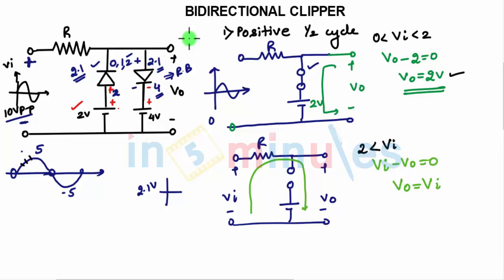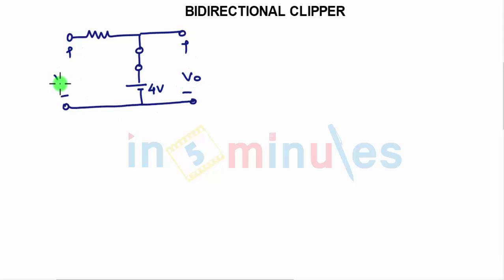Then after some time the voltage at this point will become 4.1. Now this diode will be forward biased. How will the circuit look in that case? You have the resistance, and now the second diode will be shorted. You have a plus 4 volt battery connected across the diode, plus minus VO, and here plus minus VI.